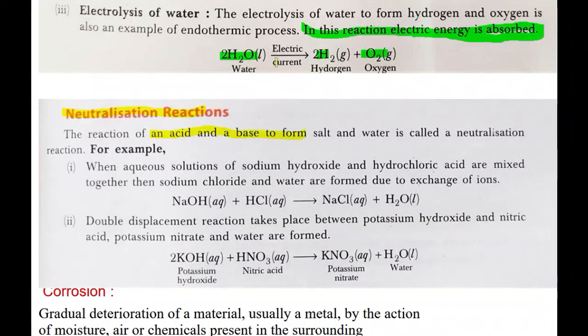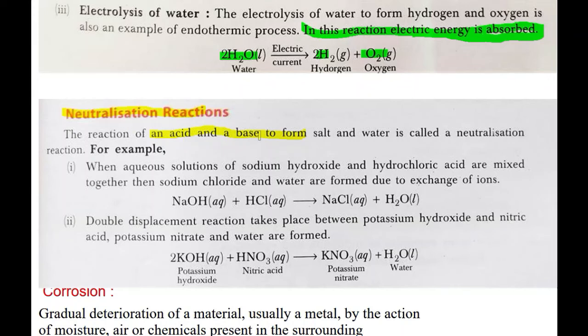Although exothermic and endothermic reactions are also very important, neutralization is too, because you are going to use it in next classes. You will see many examples of neutralization reactions. Always remember, the simplest thing is the reaction of an acid with a base, which is called a neutralization reaction.